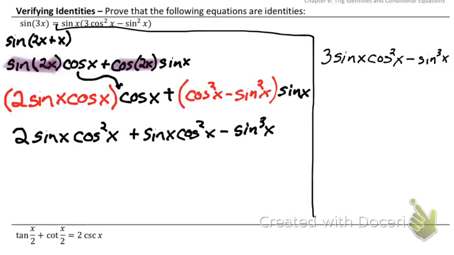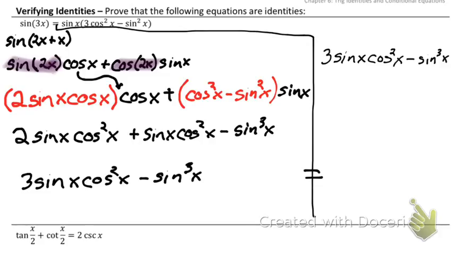I have 1 more of them. Add them together and you have 3 of them. So I have 3 sine x cosine squared x minus sine cubed x. That is equal to the other side, and I am done.